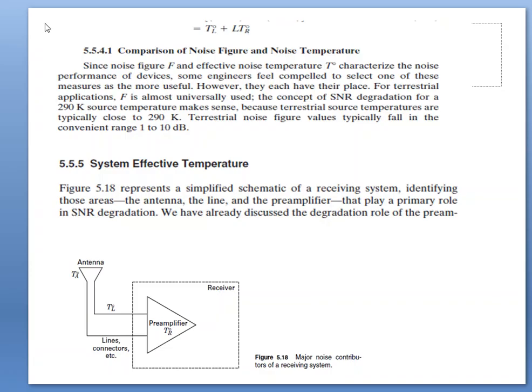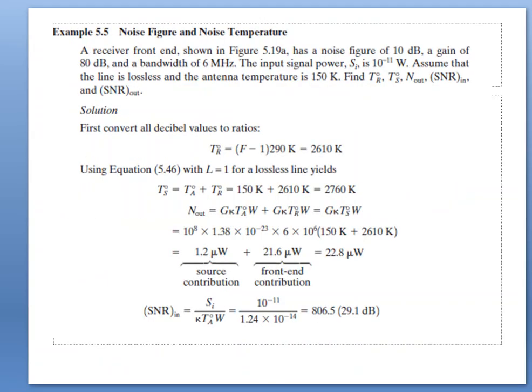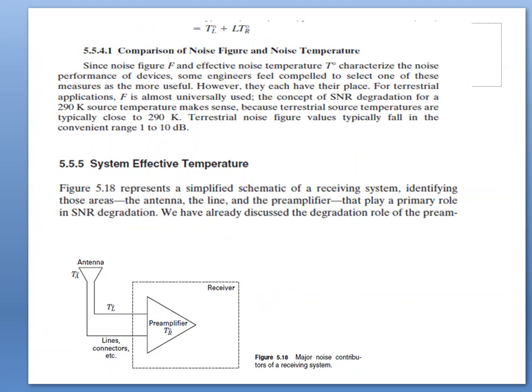Whatever the effective temperature is introduced at the antenna comes through unaltered by the antenna. The antenna represents the source, and the source temperature at the input can be written as total Ts is equal to TA plus TL plus LTR.